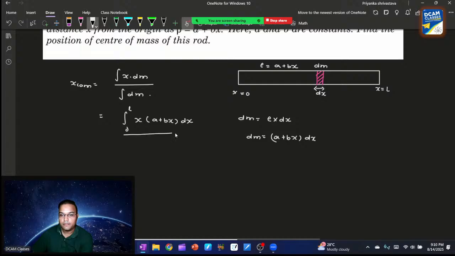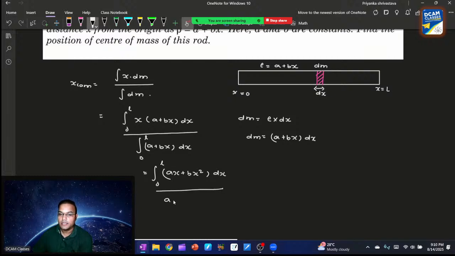divided by integral a plus bx into dx, 0 to L. Now this will be integral of ax plus bx square dx, 0 to L, whole divided by ax plus bx square by 2.